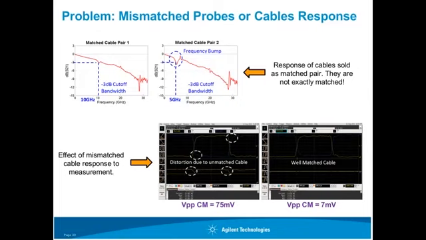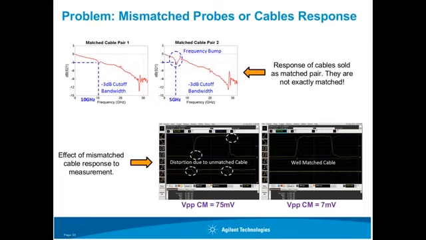So if you are using this cable pair in the measurement, this can cause unnecessary signal distortion because of the mismatch in frequency response. The bottom left scope screenshot shows the distortion caused by a mismatched cable pair because the frequency bump changed the characteristics of the measured signal.